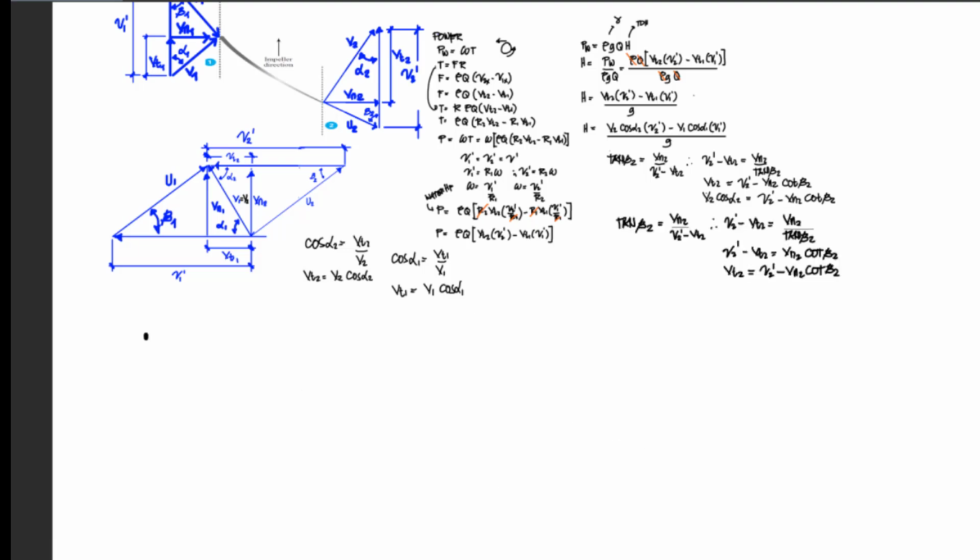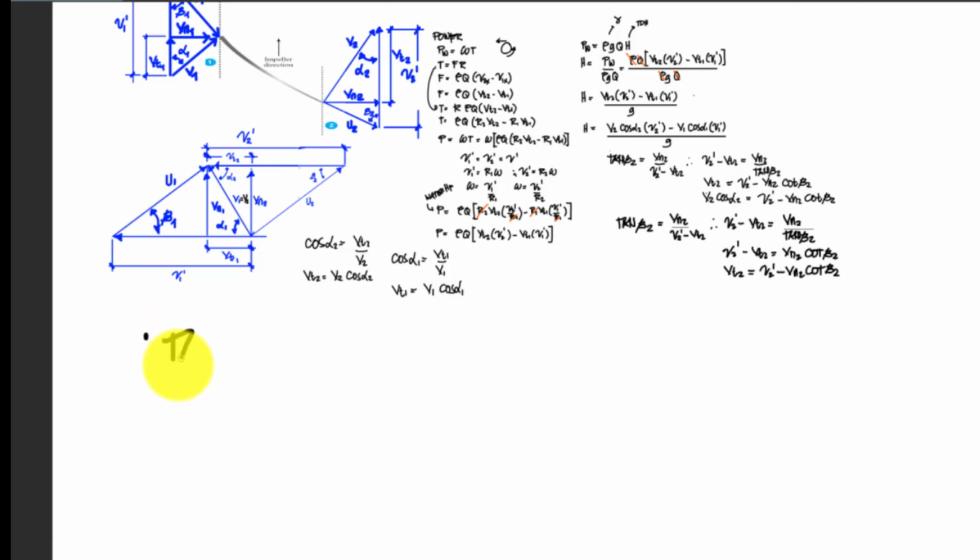Now, referring to point 1 at the entering, you will notice here that the tangential velocity makes an angle alpha 1, where your opposite is your normal velocity at point 1. So let's write the equation for this one.